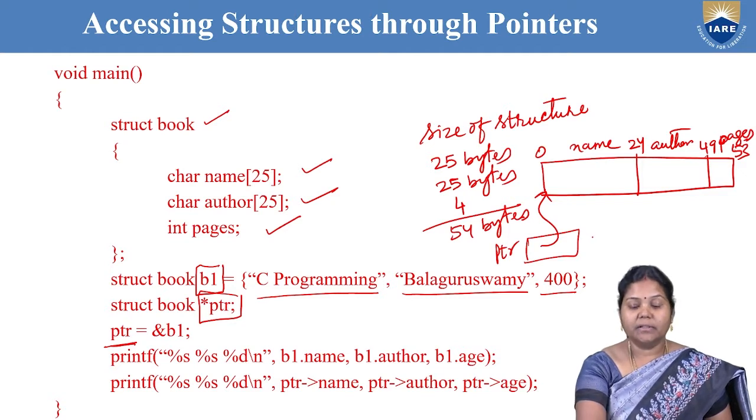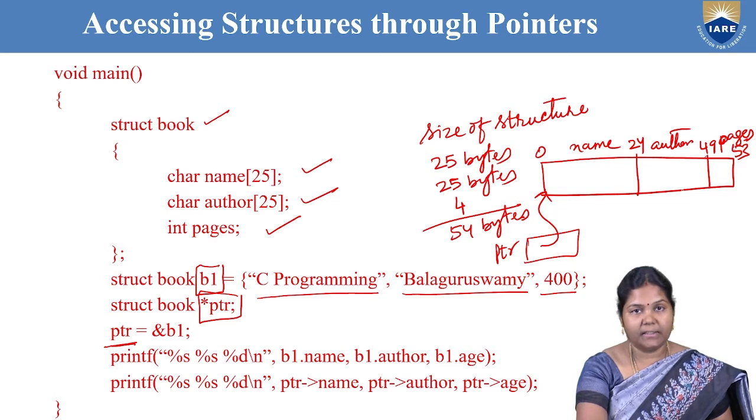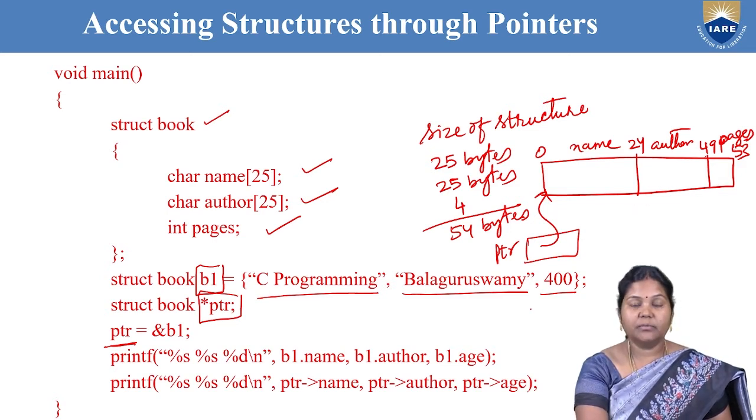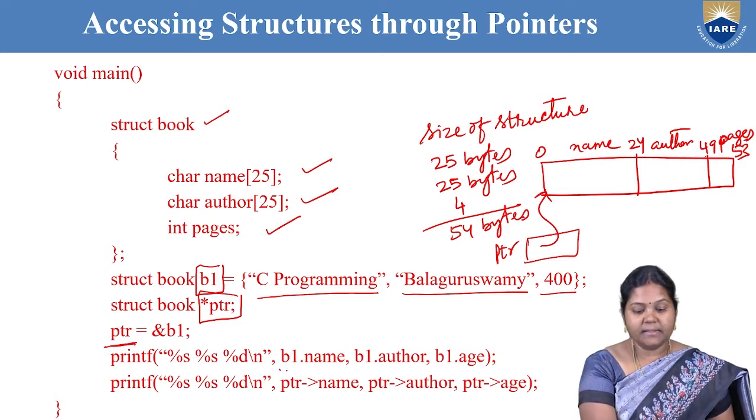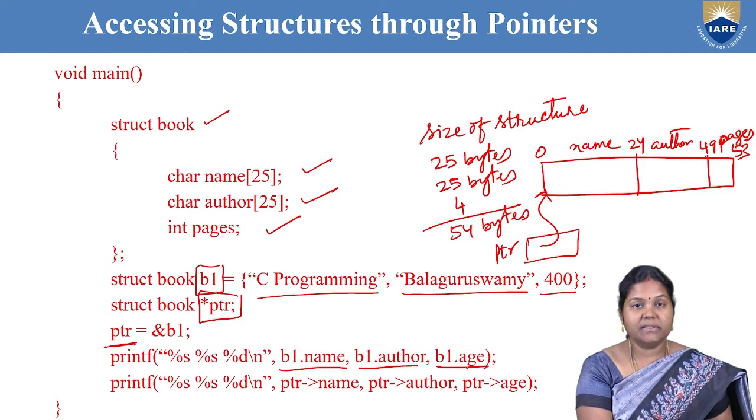Now through the pointer, we are going to display the name, author and the number of pages. For that reason, we have to use the arrow operator. So we have to write like this. If you are not using the pointer, if you are using the simple structure variable, then write b1.name, b1.author and b1.pages.